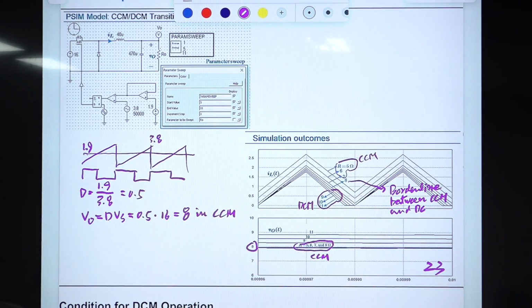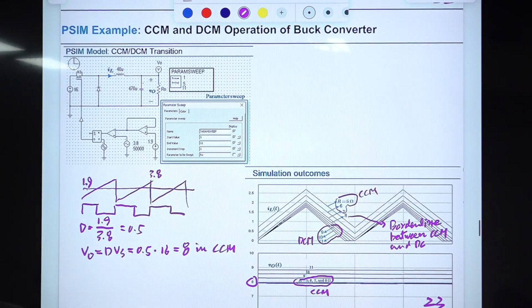This file is contained in your zip file, named CCM and DCM transition, maybe in the folder named topic 01. Use that, try to reproduce this later on. Then you can feel the difference between CCM and DCM.